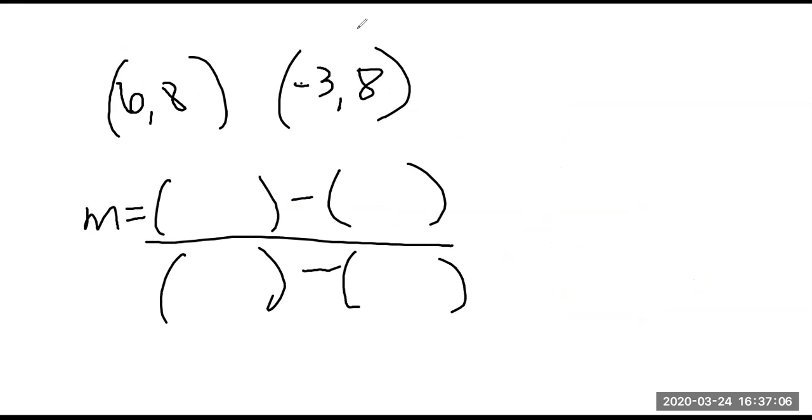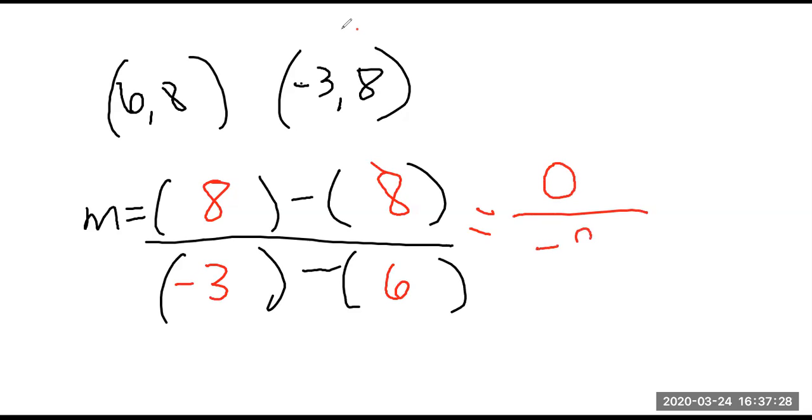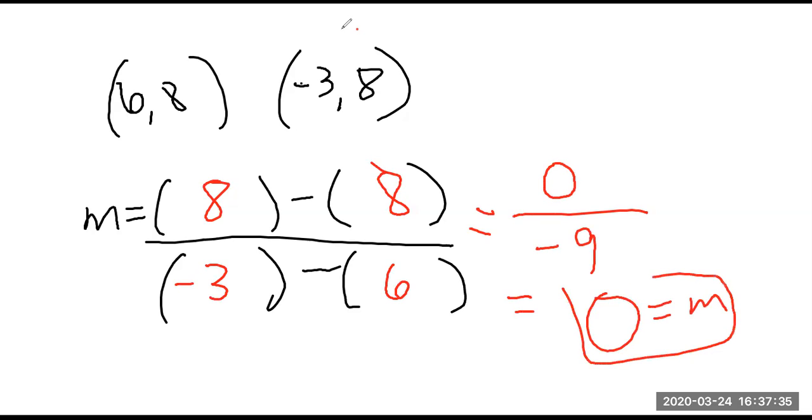All right, the second y is 8, and the first y is 8. So on the top, we have the same thing. Bottom, second x is -3, first x is +6. All right, look at the top. I'm going to get 0. In the bottom, we get -9, but it doesn't matter what we get in the bottom as long as there's a 0 up top, the slope is 0. Now, this is a special type of line. I'll talk about that in the next lesson, but it is possible to have a slope of 0.